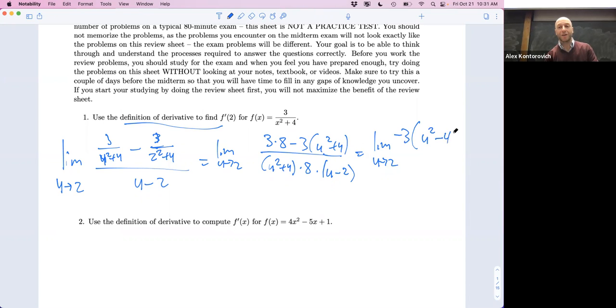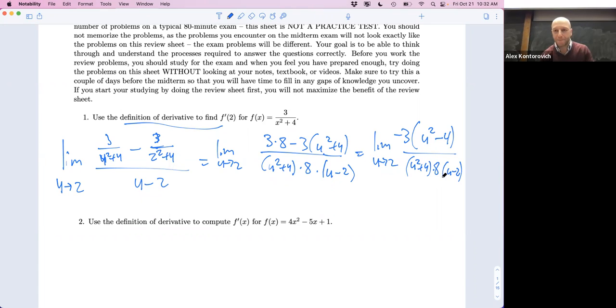So I get a minus 4 all over U squared plus 4 and an 8 and a U minus 2. Now I know I've done the right thing because the top and bottom are going to cancel. Everybody see that? If you didn't cancel anything and you got 0 over something or something over 0, you made an algebraic error.